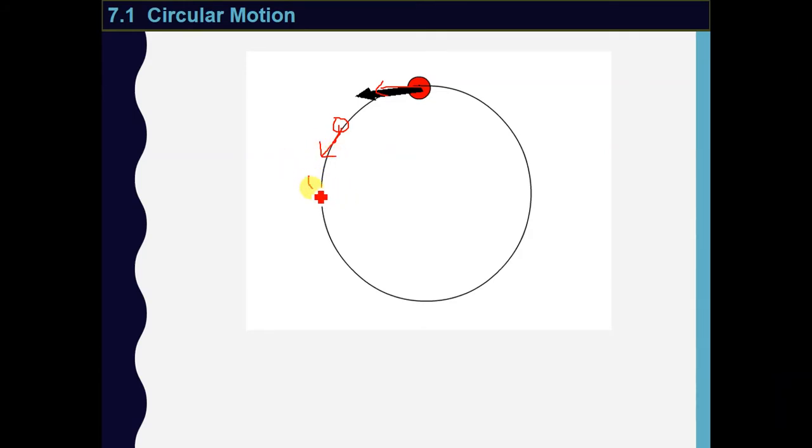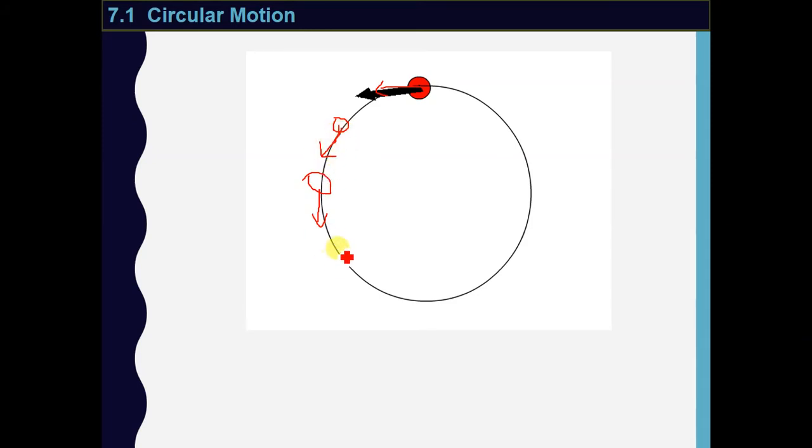When the ball reaches this point, it's moving like this. So this line, we call it tangent to the circle. What does tangent mean? I will remind you about its meaning. It's like the parallel line to the circle at this point.